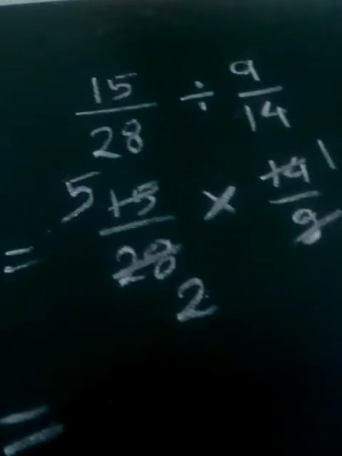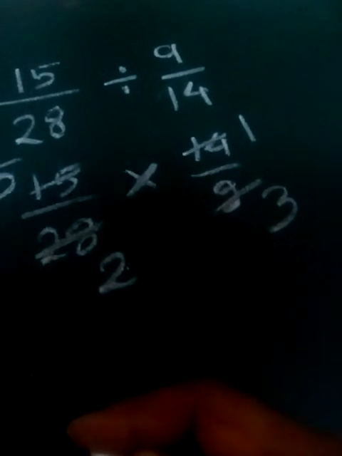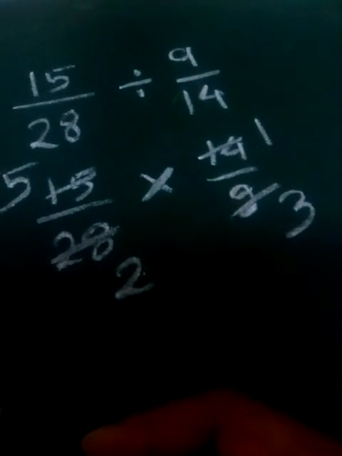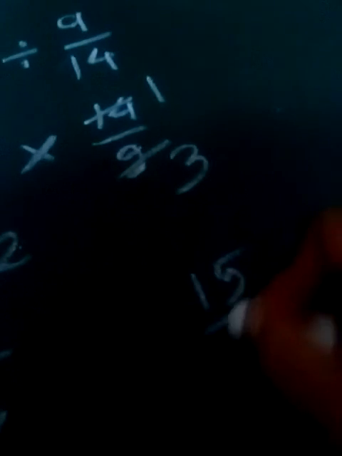Now multiply the numerators and multiply the denominators. That is simple. Then 5 upon 6 is the answer. So we write 15 by 28 divided by 9 by 14 is equal to 5 by 6. This is how you divide fractions.